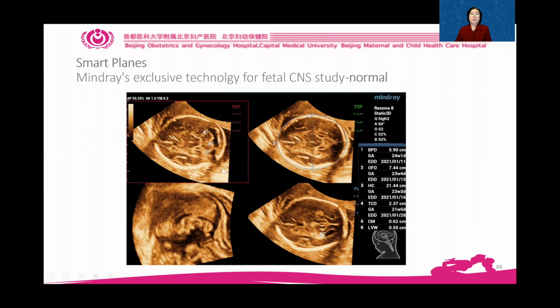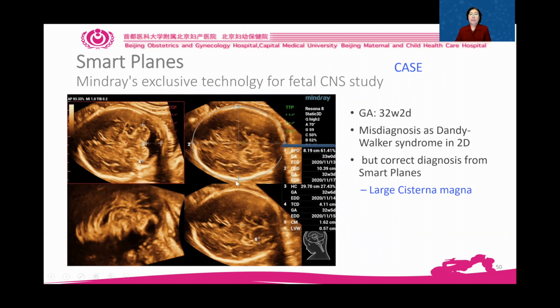So using Mary's smart plane, we can easily get the 3 important planes and get 6 measurement values very quickly and easily. This case is 32 weeks. It was diagnosed as Dandy-Walker syndrome in 2D, but the corrected diagnosis from the smart plane is just a large cisterna magna.